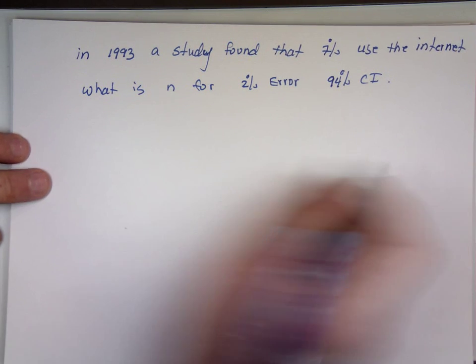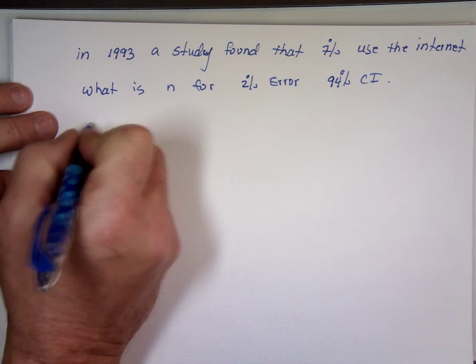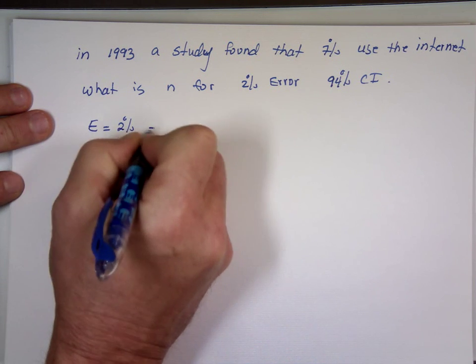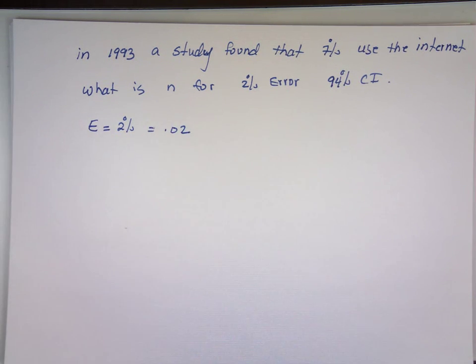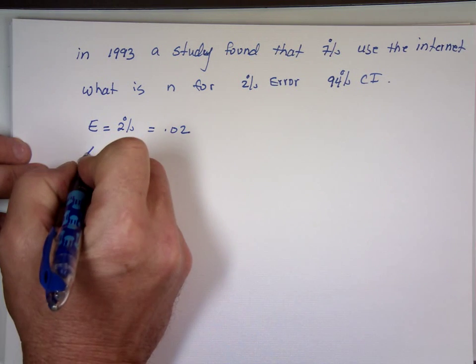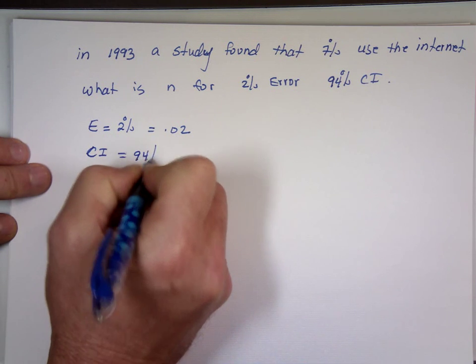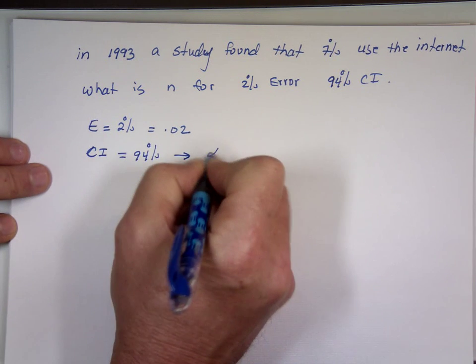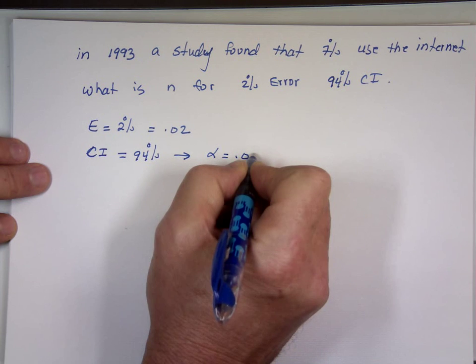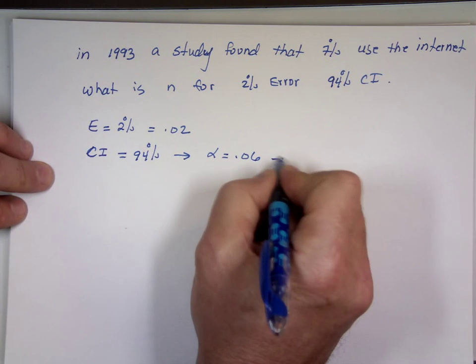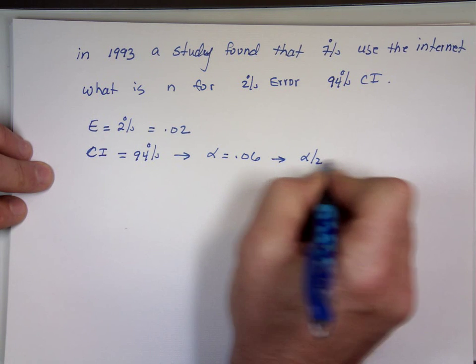So again, my error here is what? 2%, which is 0.02. Alpha, or confidence interval, let's start with the confidence interval, that's what? 94%, which means alpha is what? 0.06 or 6%, which means alpha over 2 is half that number, 0.0300.